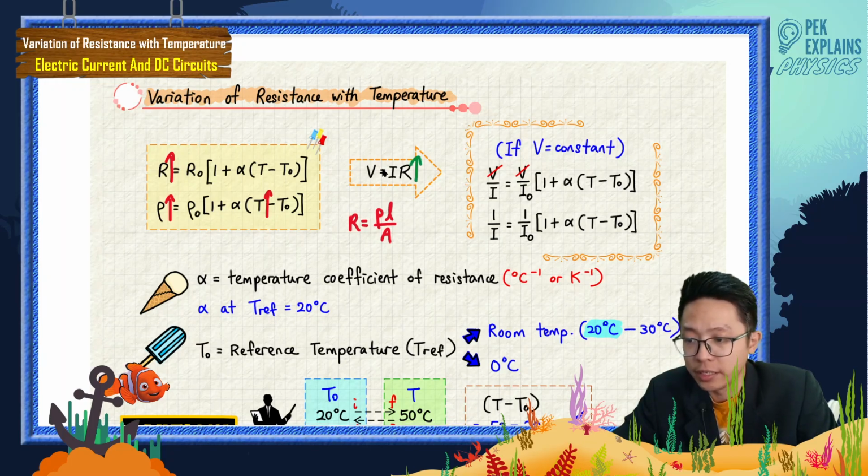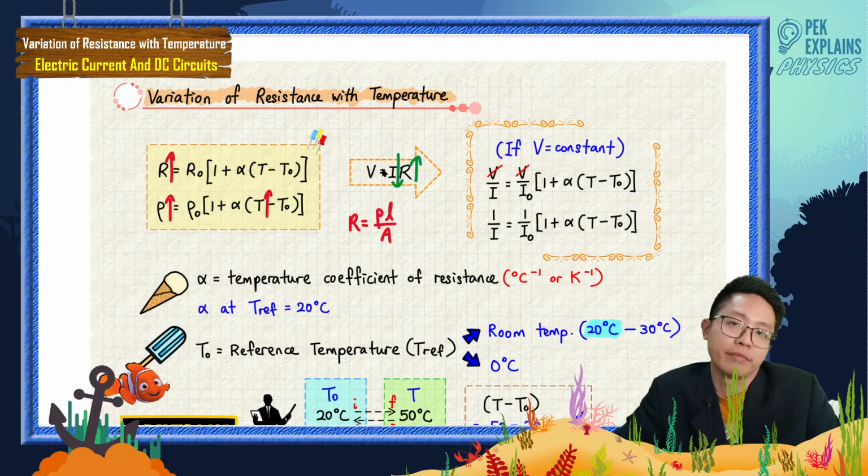Changes in the resistance will cause changes in the current as well. When resistance increases, the current will decrease.